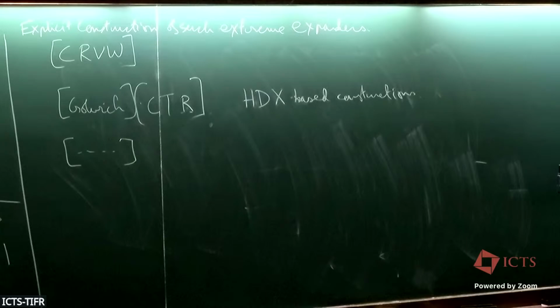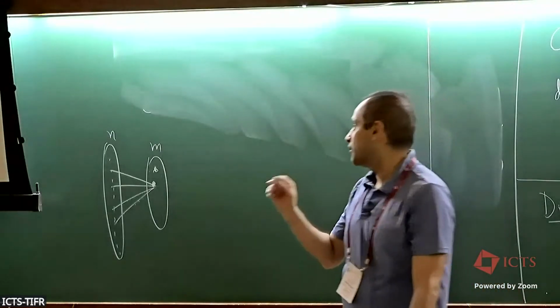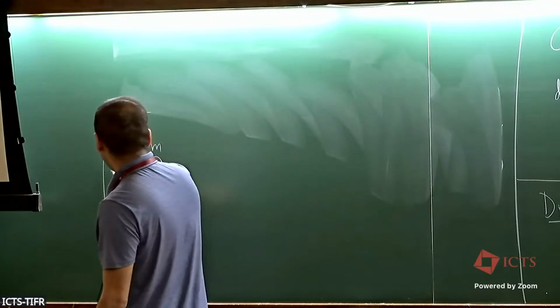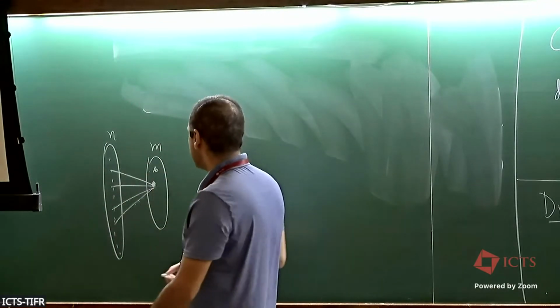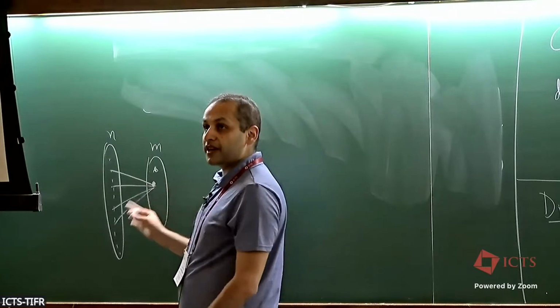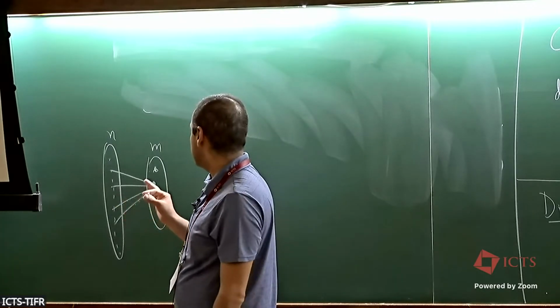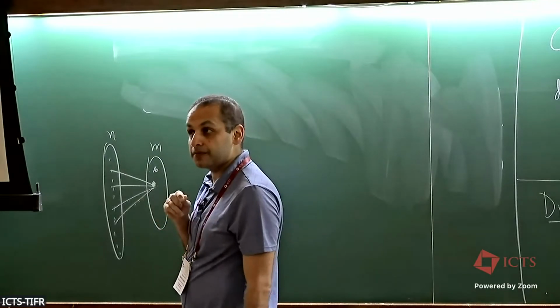So what's the decoding problem? I give you a string written on the left-hand side, which is promised to be close to a true code word. And we want to find the true code word near it.